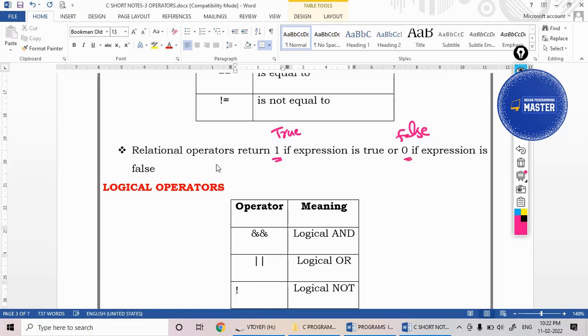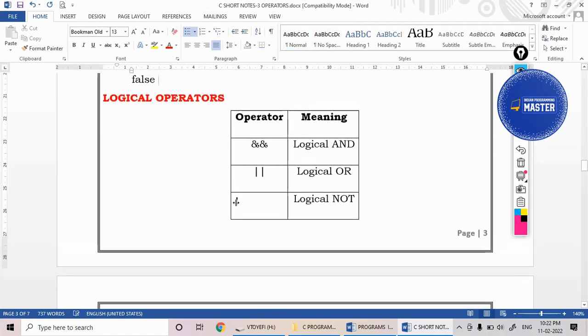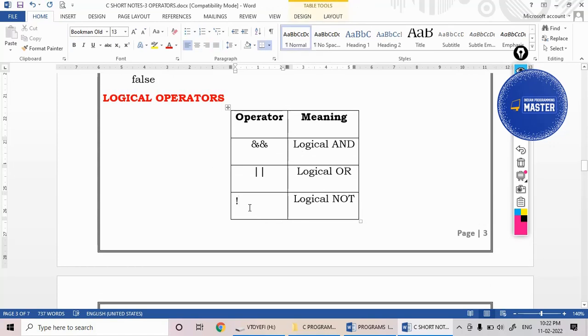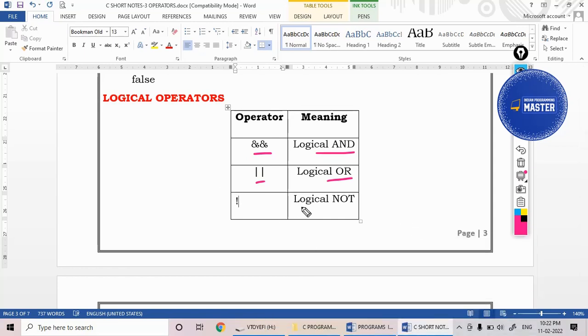Next, logical operators. So we have 3 logical operators here. One is the logical AND operator, this is the logical OR operator, and the third one is the logical NOT operator.